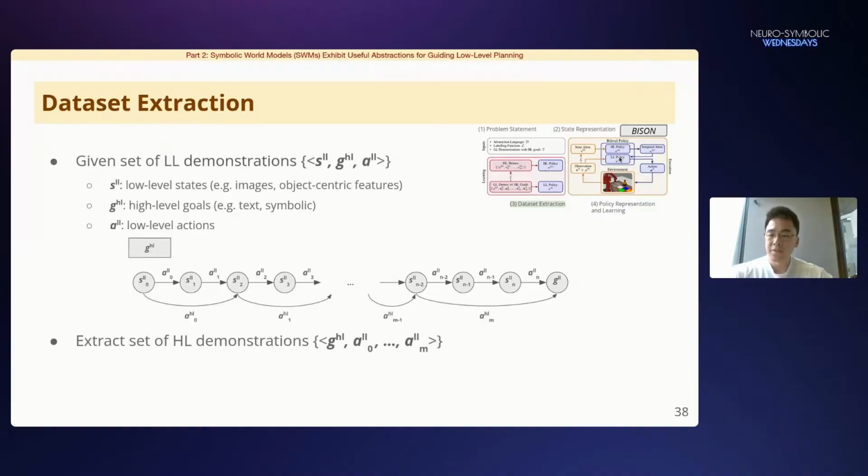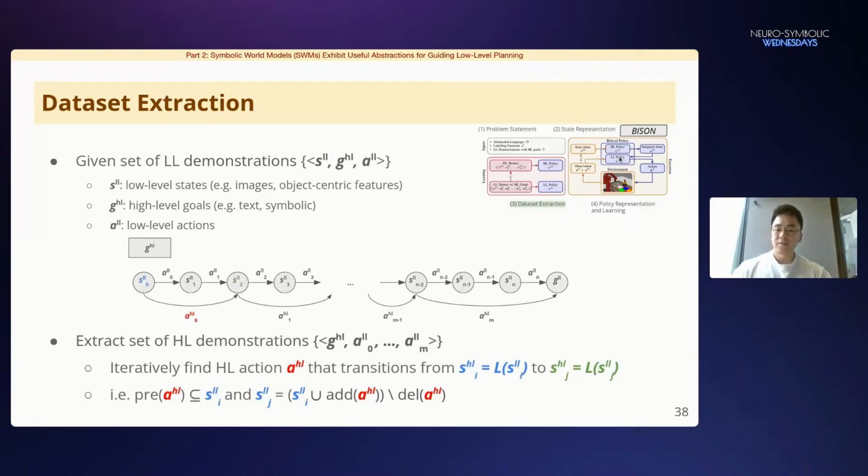And what we want to do is extract an additional set of high-level demonstrations from what we're given. We're going to use these high-level demonstrations to next learn a high-level policy. The key idea is that we simply iteratively find high-level actions that explain transitions between different low-level states.